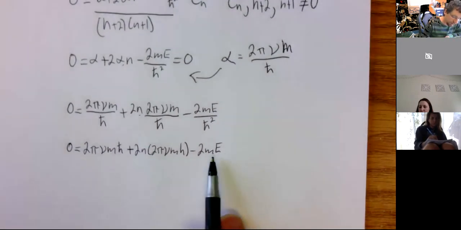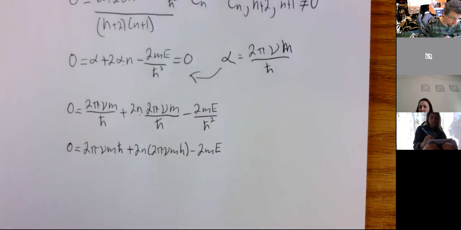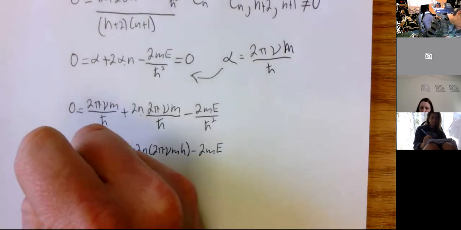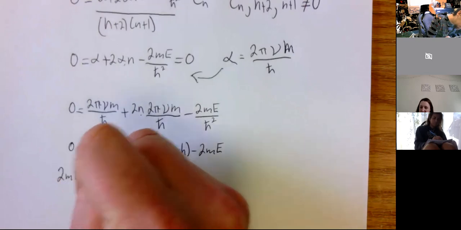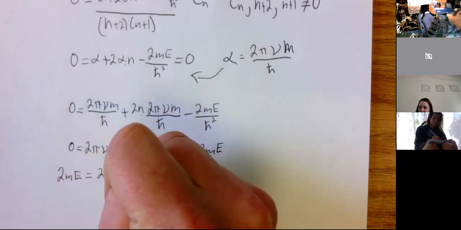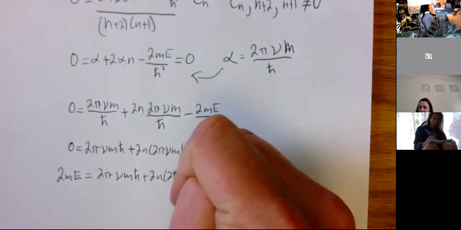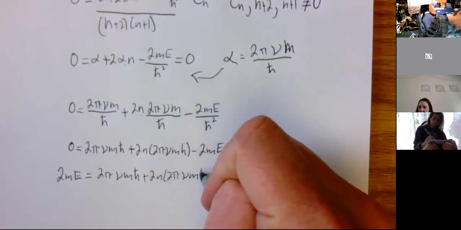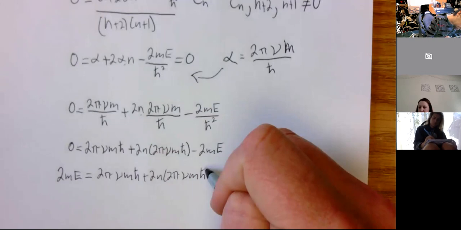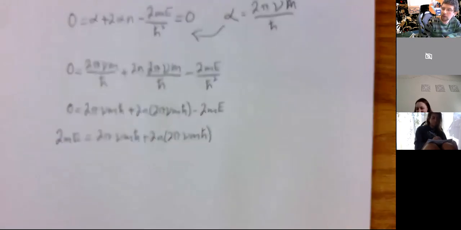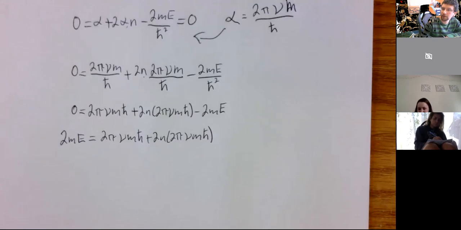We're trying to solve for E now. Move this guy to the other side, so we get 2mE on one side and 2 pi v m over h bar plus 2n times 2 pi v m over h bar on the other, like that.